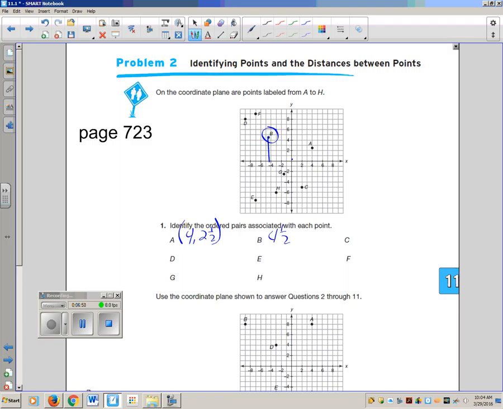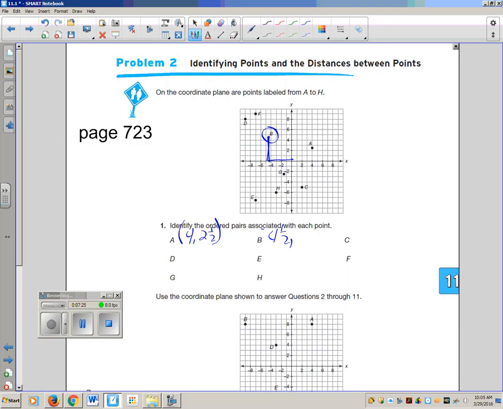Now is it negative or positive, the 4.5? Over first, then up. So your over was right. -4.5. See right here? How much do you go up? 4.5, yeah.